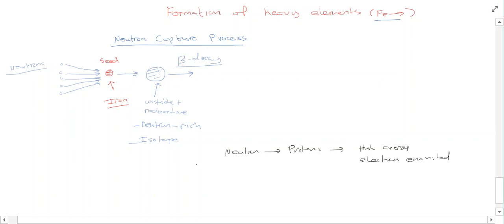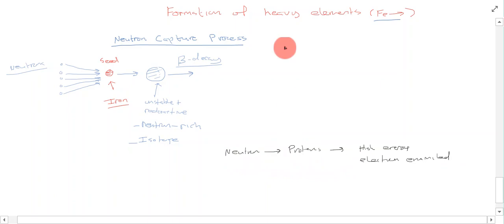So essentially, the iron nucleus gets seeded with all of these neutrons, grows into this big unstable nucleus, and then it undergoes beta decay. In beta decay, neutrons are converted into protons.